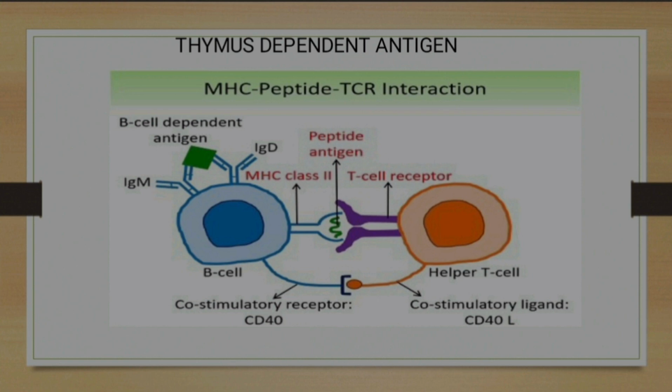They bind with each other through the MHC class 2 molecules and peptide antigen. They stimulate some receptors: one is CD40 on the B cell, another one is CD40L on the T cell. This is the thymus dependent antigen function, its mechanism.